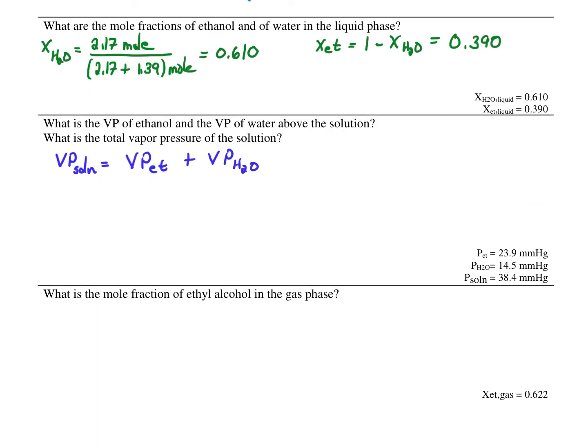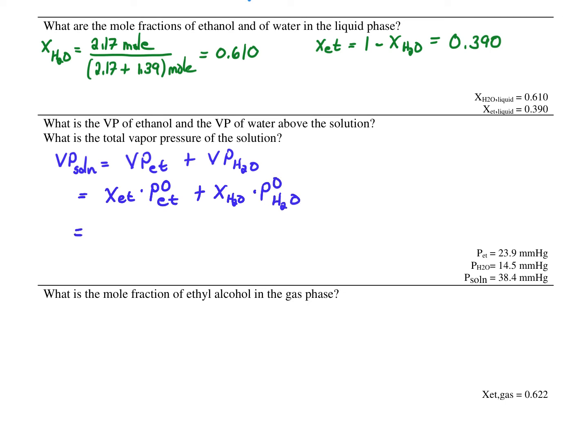So we'll apply Raoult's law twice. So we want the mole fraction of ethanol times the vapor pressure of pure ethanol. And for water, it's going to be the mole fraction of water times the vapor pressure of pure water.